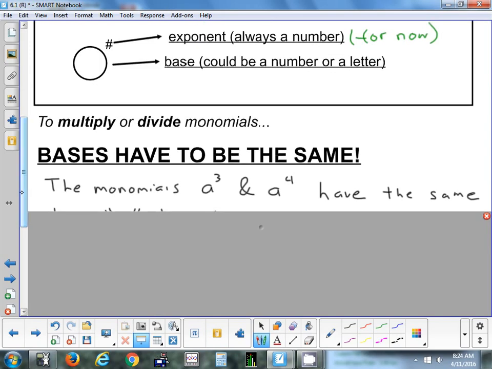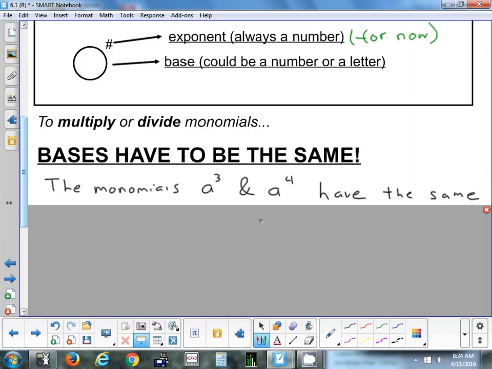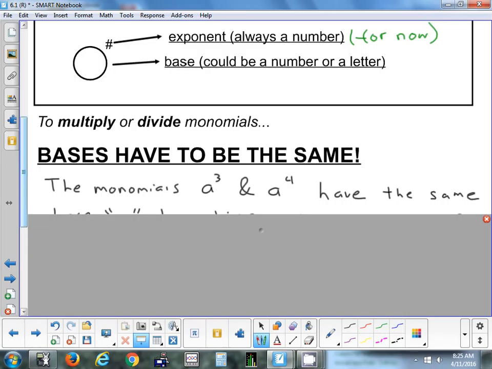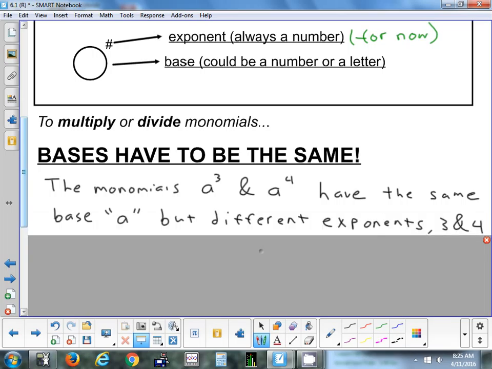Do those have the same base? a cubed and a to the fourth? Yes. Yeah, they have the same base. But they have different what? Exponents. Different exponents. Good. Same base, different exponents.